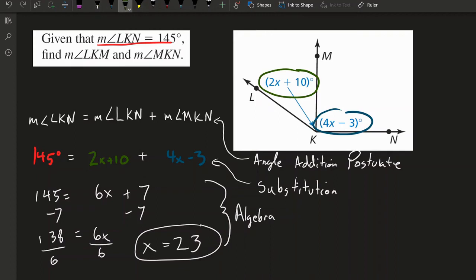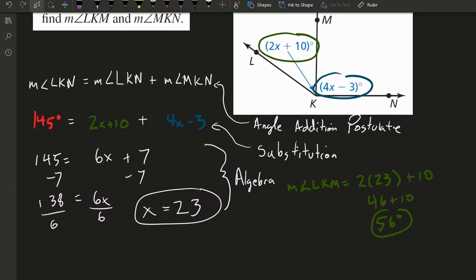Now to finish this off, I want to say that the measurement of angle LKM is equal to 2 times 23 plus 10, which would be 46 plus 10. So LKM is 56 degrees. The other thing that I was asked to find was MKN, which is 4x minus 3.